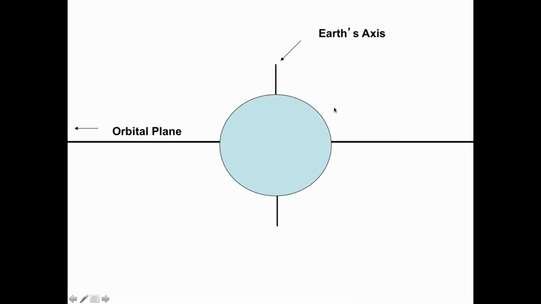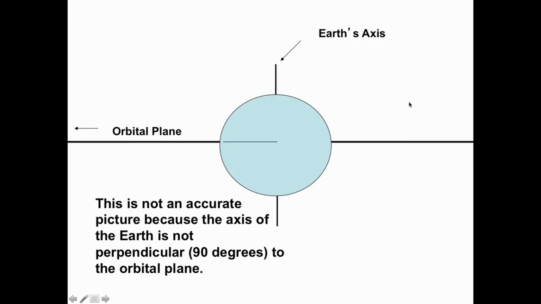Now, if the Earth was situated to the orbital plane like you're seeing, we would never have seasons because the way the Earth faces the sun would never ever change. And the reason is because in this case, we're saying that the Earth's axis is exactly a 90-degree angle to the orbital plane. And this is not the case. If it was the case, we would have no seasons because the way the sun hits the Earth would never change.